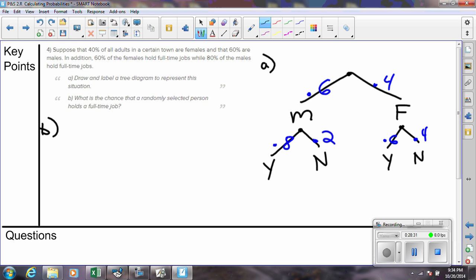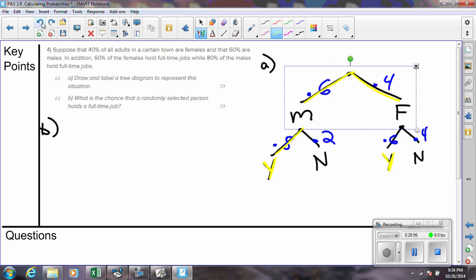Part B. What is the chance that a randomly selected person holds a full-time job? Well, that's an instance that we're looking at yes and yes. We have 2 different paths to success. A man can have a full-time job, or a woman can have a full-time job.